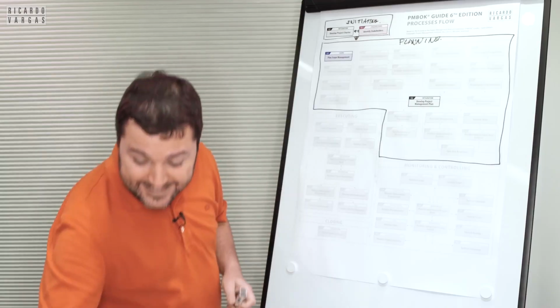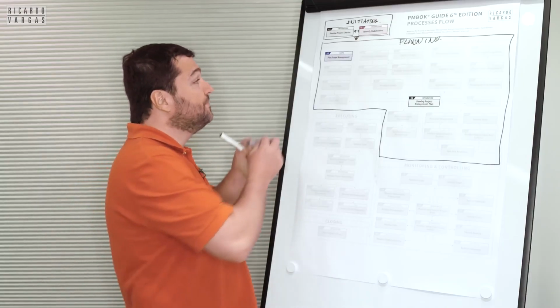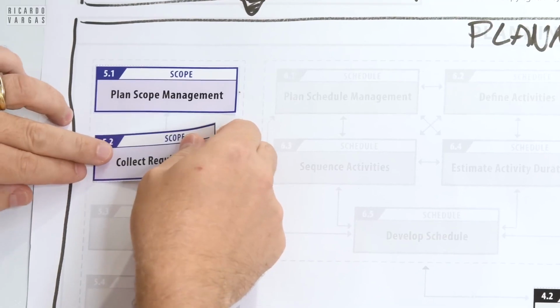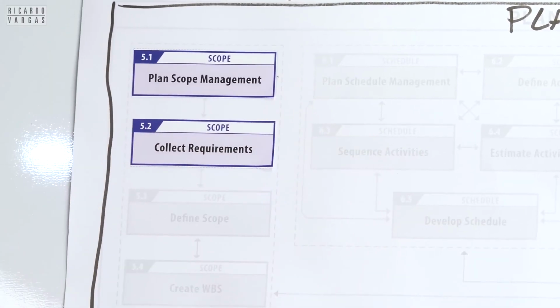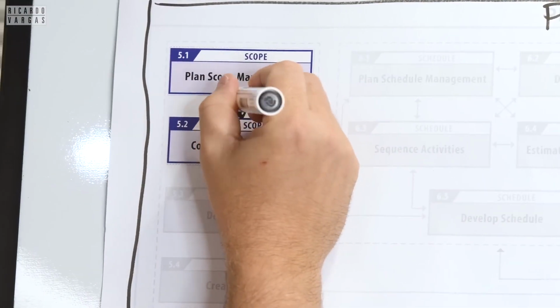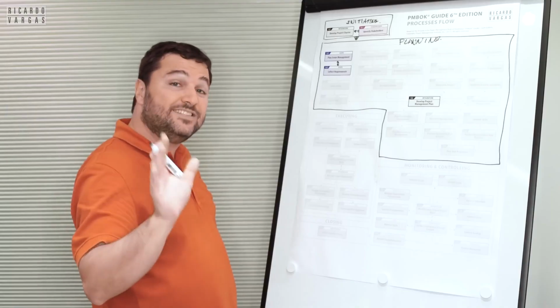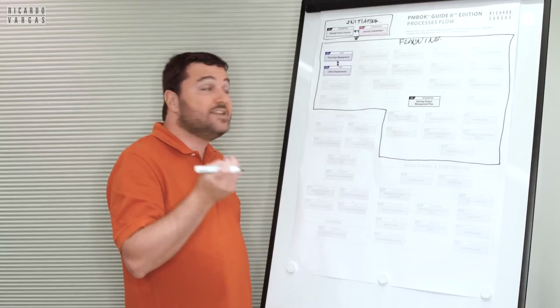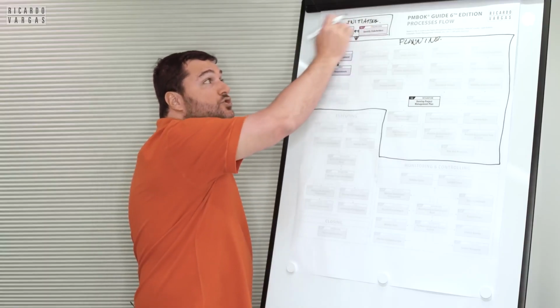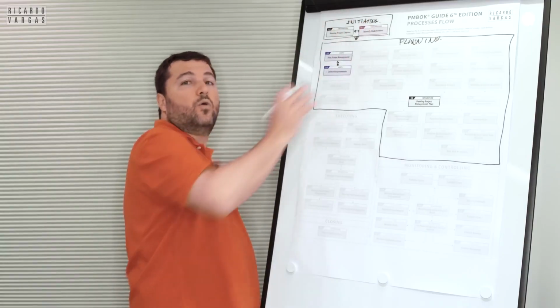And then the second thing you need to do is to collect the requirements. So now I need to understand what is the work I need to do, and then I need to collect the requirements. First, what is a requirement? Requirements are things that I need to do to deliver what I want.